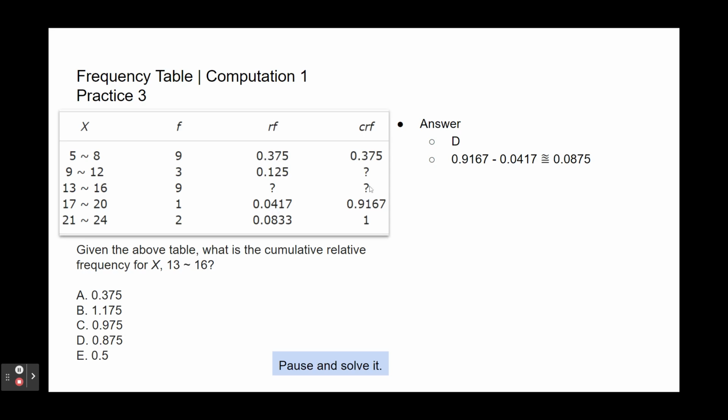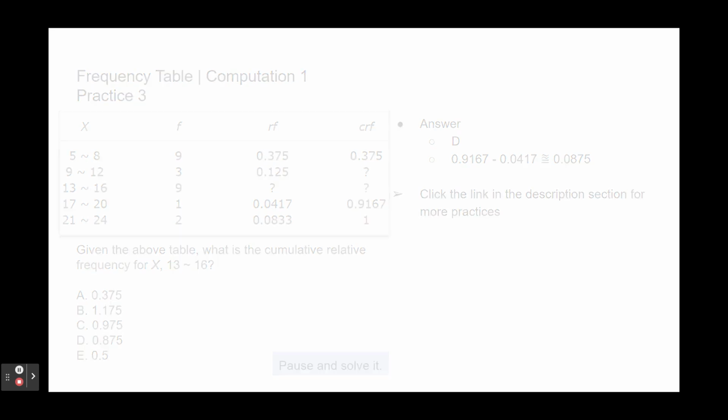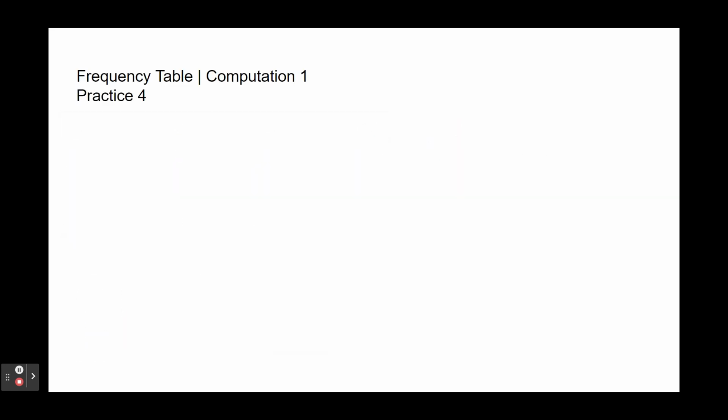So this number plus this number should be this number. The relative frequency for this category should be 0.9167 minus 0.8292, approximately 0.0875 as a numeric value. The multiple choice answer is D. Let's move on to another one.